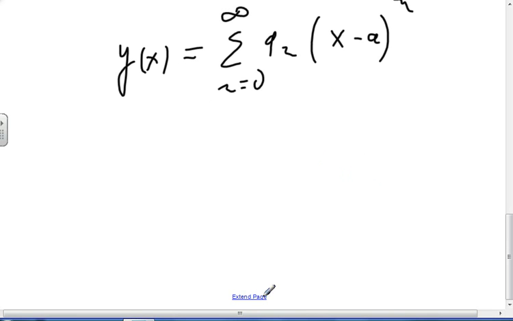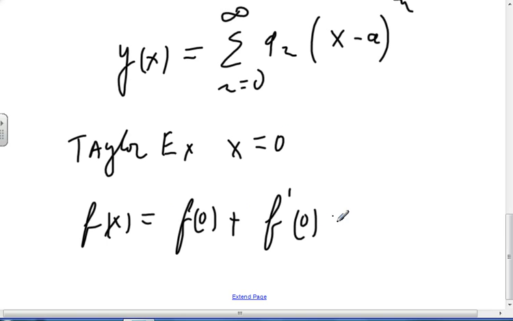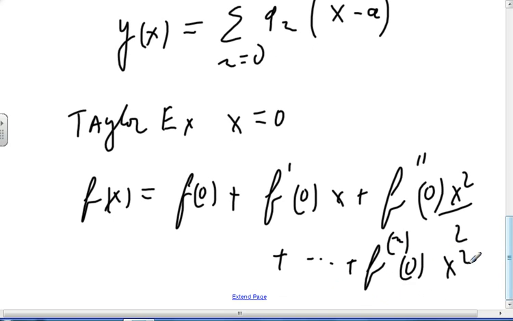So when we look at Taylor expansions around x is equal to 0, we say that f of x is f of 0 plus f prime 0 x plus f double prime 0 x squared over 2, plus and so on, plus f to the nth derivative evaluated at 0 x to the n over n factorial.